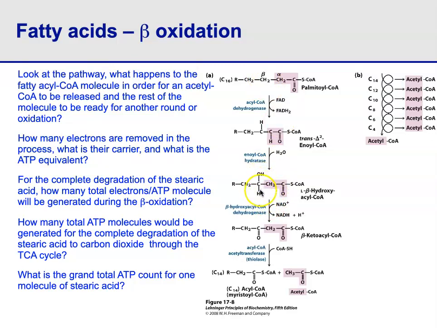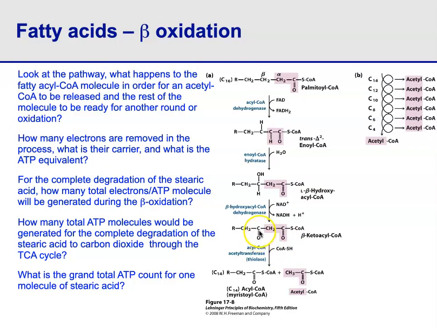Then what happens in the next step? We oxidized this compound, the beta hydroxyacyl-CoA, and we took another pair of electrons from this carbon, leaving behind a carbonyl group. So what's the difference in the oxidative state of this carbon compared to the initial? 2 electron pairs, or 4 electrons total.